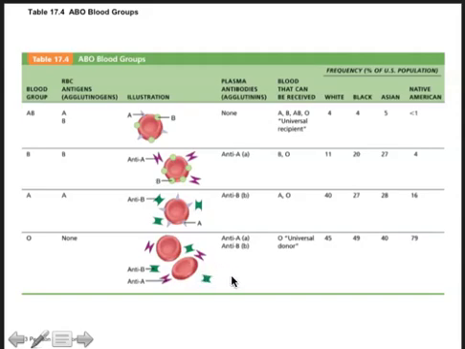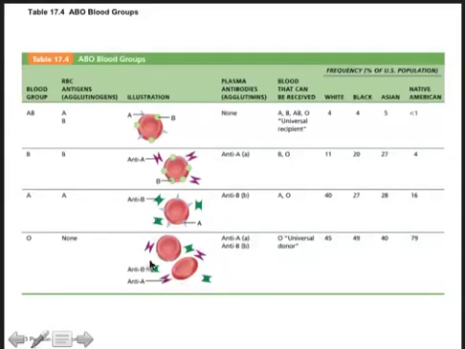Okay? So in a type O individual, you have neither A nor B antigens present on the red blood cells. You have both anti-A and anti-B antibodies, okay, shown here, and you are termed universal donor, but the only blood type you can receive is another type O individual. Okay, so that's the story on type O blood.